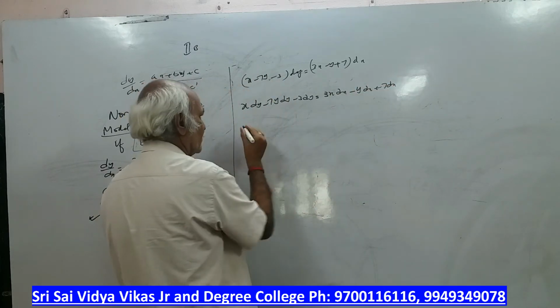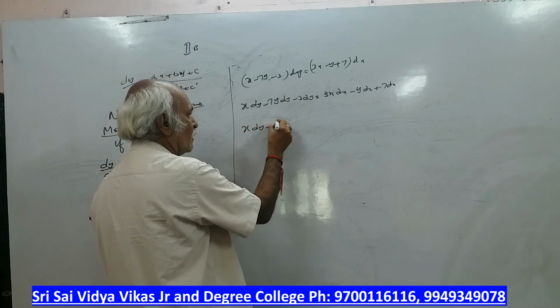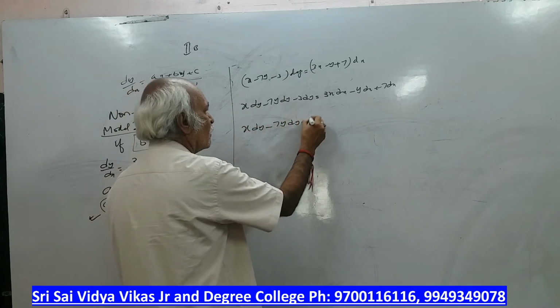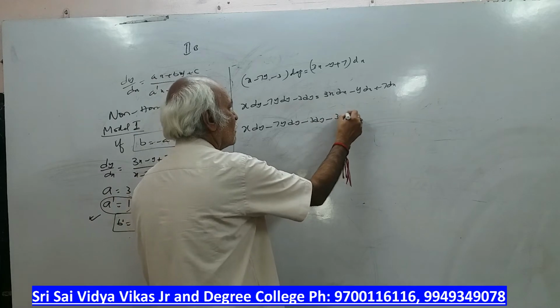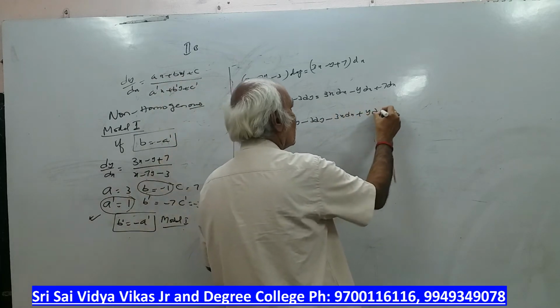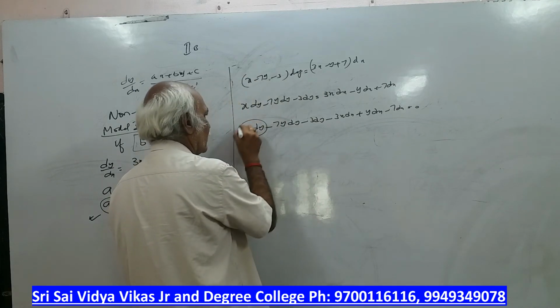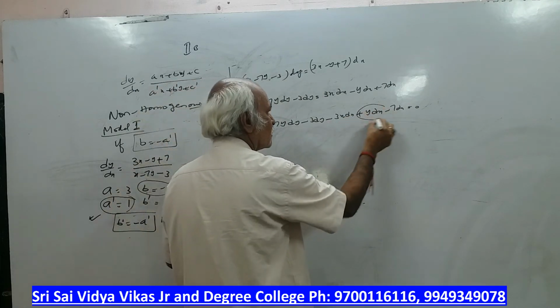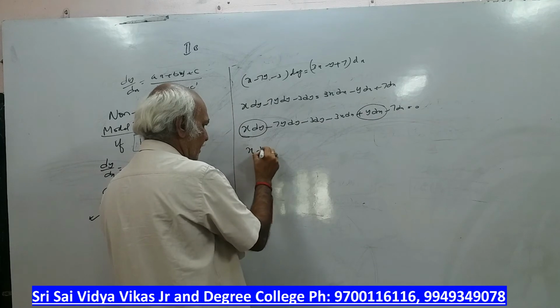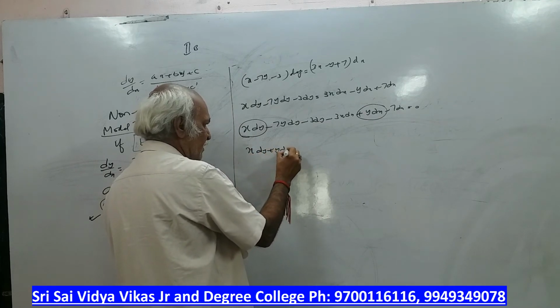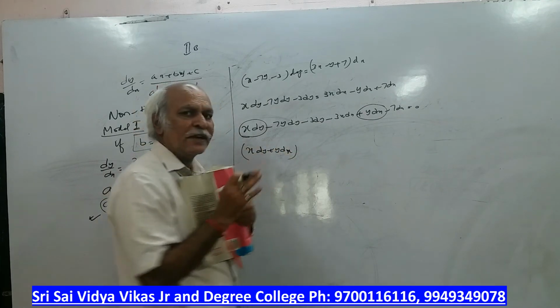Now bring the terms to this side, is equal to 0. Now I am putting a circle here. So I am writing this x dy plus y dx. Always you get like this.